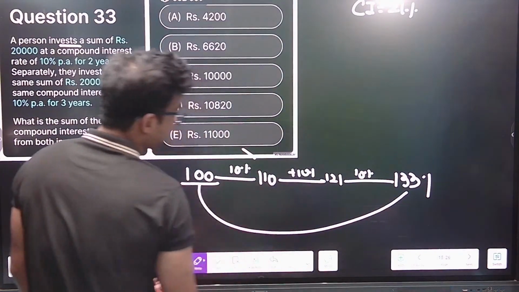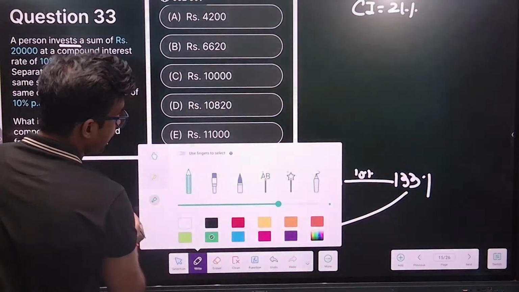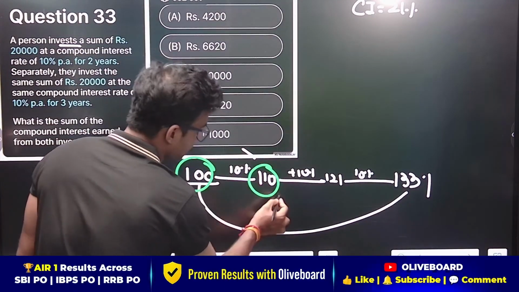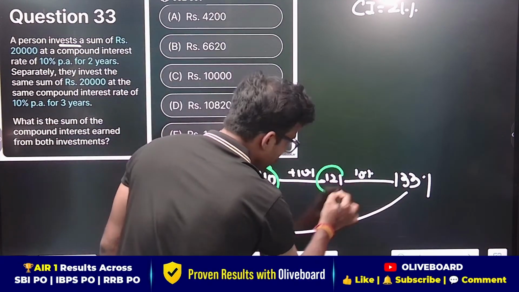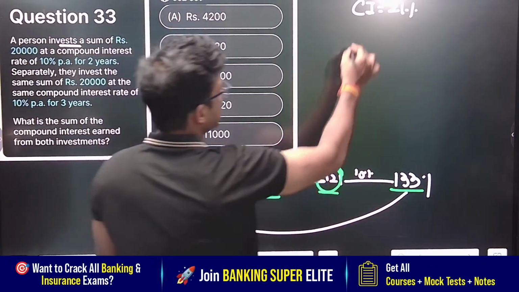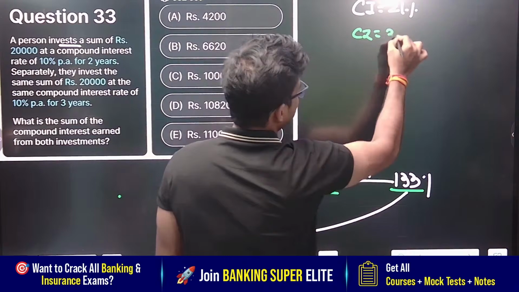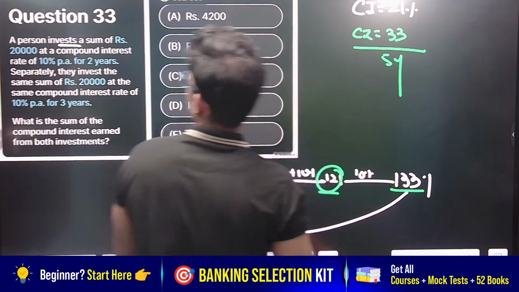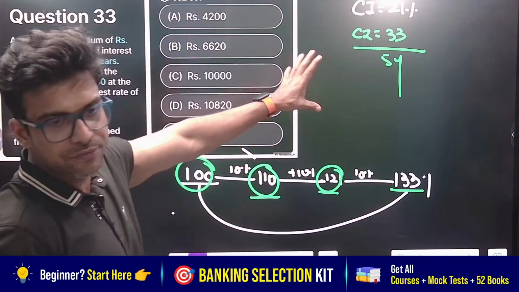This is called successive percentage change. Every time you are calculating on a new principal. So CI for 3 years is 33%, and if you add, you'll get like 54. Am I right? This is the main funda of the question.